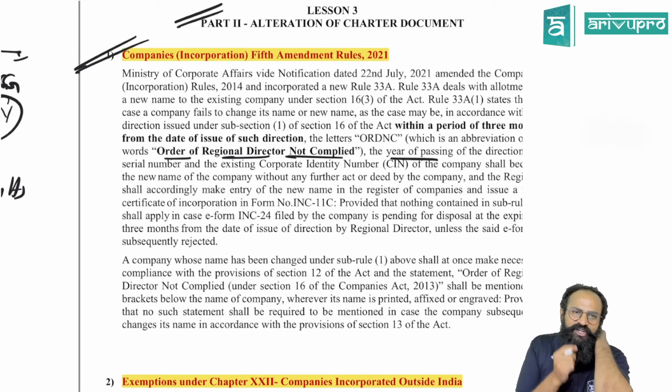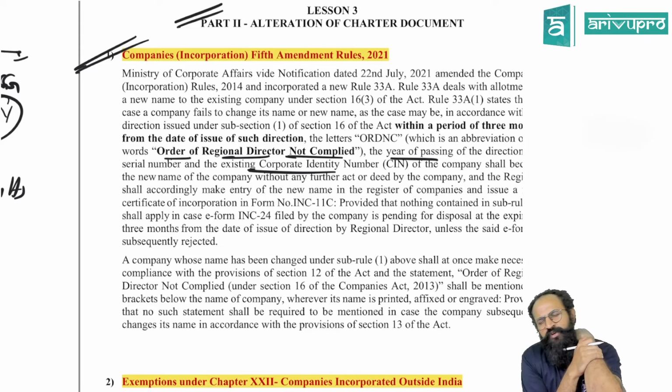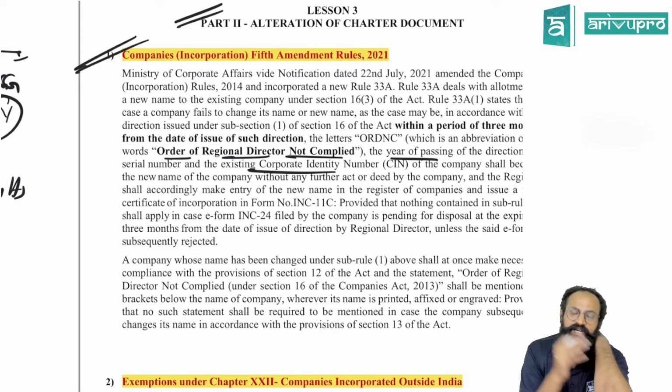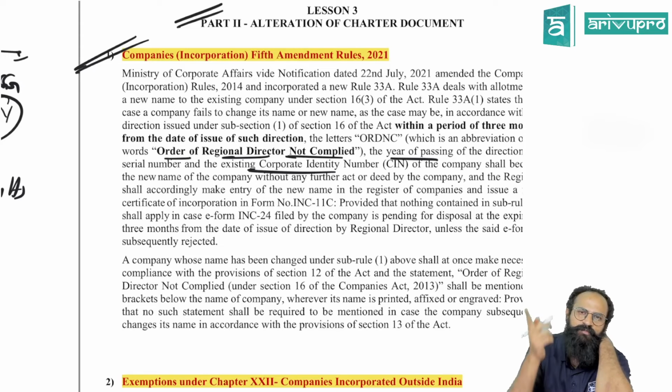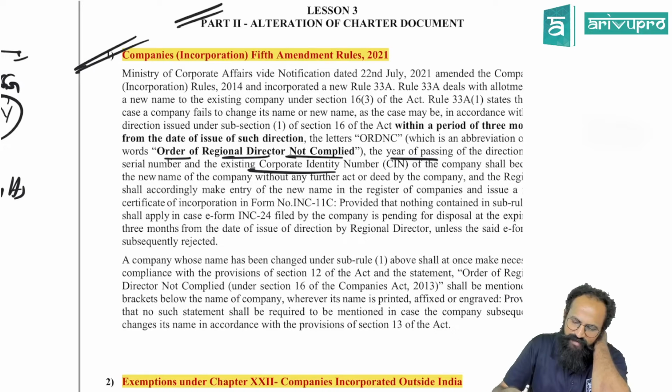So it will be Order of Regional Director Not Complied 2023. And whatever is the sin of the company will be the new name of the company. Sir, can I later change my name? Yes, you can change, absolutely no problem. But as of now, in all your documents, this will become your new name. A fresh certificate of incorporation will be issued by ROC. That is the amendment.